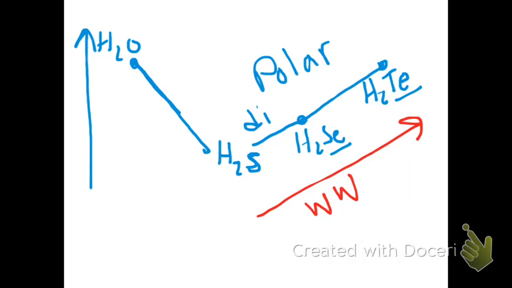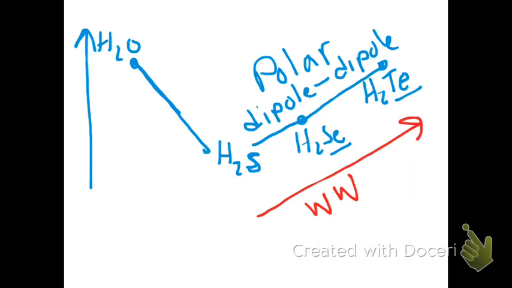And just like we saw with the van der Waals forces, as the molecular weight is increasing, the van der Waals forces are getting stronger. Well, the same thing with dipole-dipole. As the molecular weight increases for a polar molecule, the dipole-dipole gets stronger, and so the boiling point goes up.